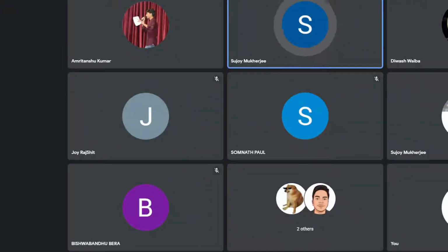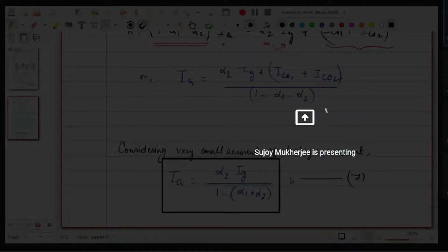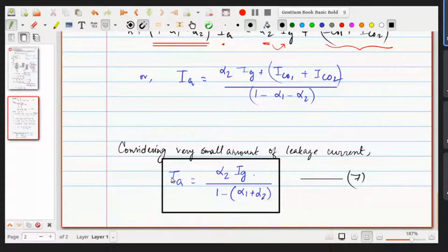So in this part, what we find, considering the small amount of leakage current, is that if the alpha 1 plus alpha 2 factor is almost equal to 1, then IA, the anode current, becomes infinitely large.